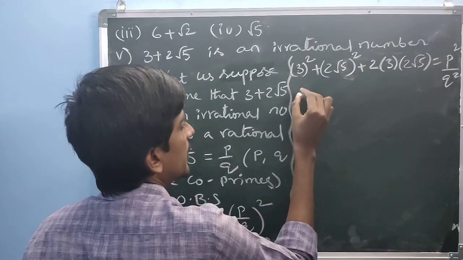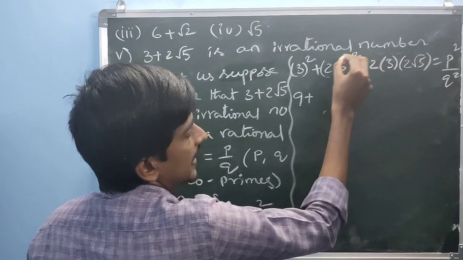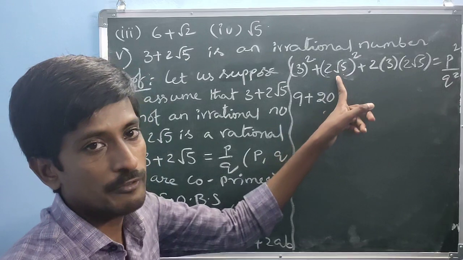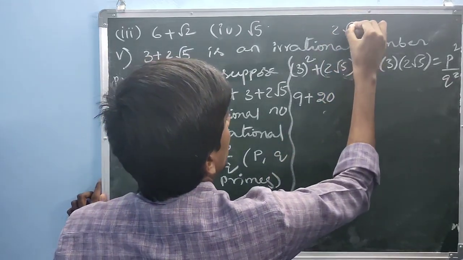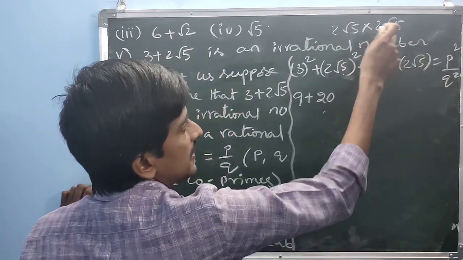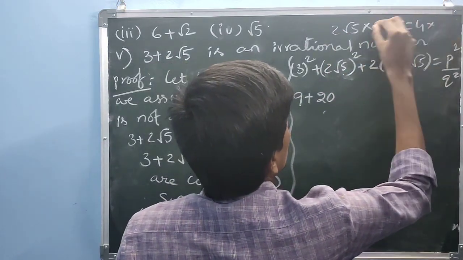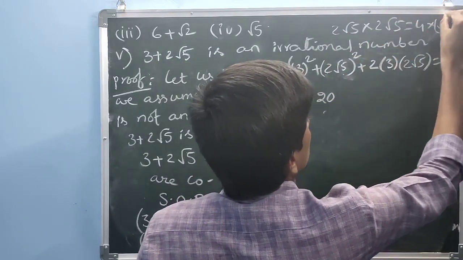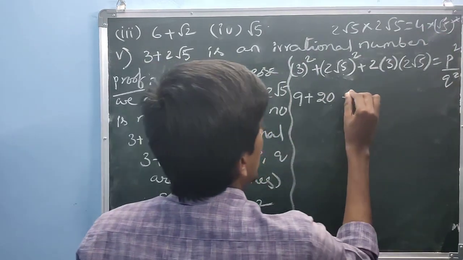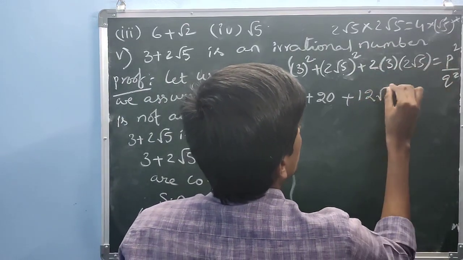Okay. 3 square is 9, plus 2 square is 4, root 5 square, the square root cancels, 4 fives are 20. 2 root 5 into 2 root 5 means multiplying the same number two times: 2 twos are 4 into root 5 square, the square and root cancel, 4 fives are 20. Then 2 threes are 6, 6 twos are 12 into root 5.